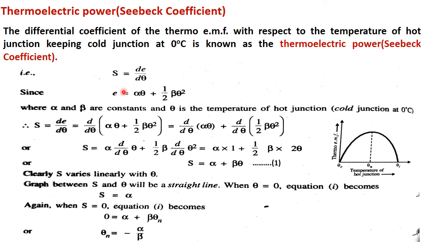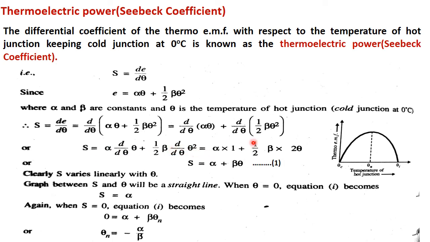Differentiating this equation with respect to temperature θ, we get the thermoelectric power or Seebeck coefficient. It is d/dθ of (αθ + ½βθ²), which is the derivative of the first term plus the derivative of the second term. So we get α dθ/dθ plus ½β d(θ²)/dθ.